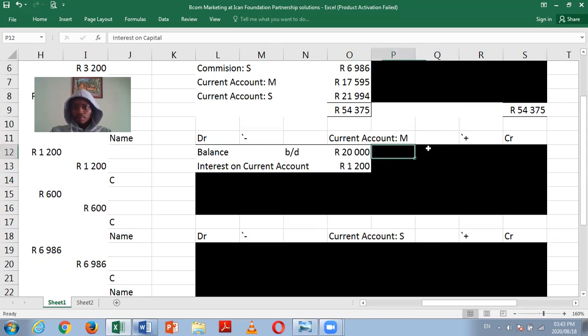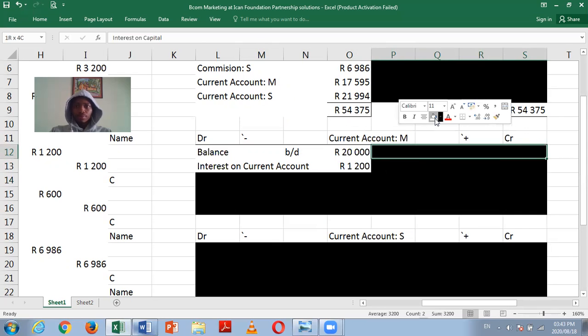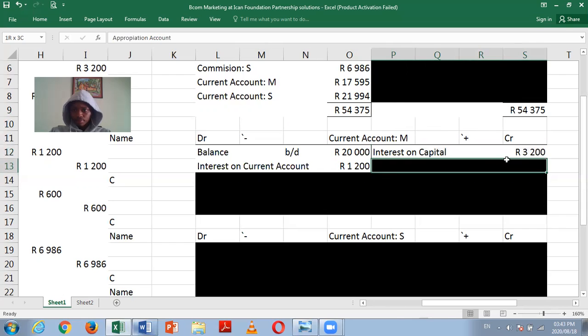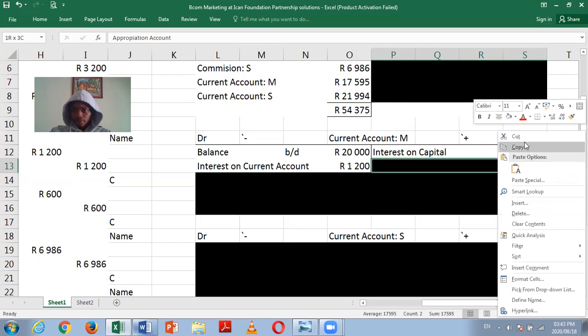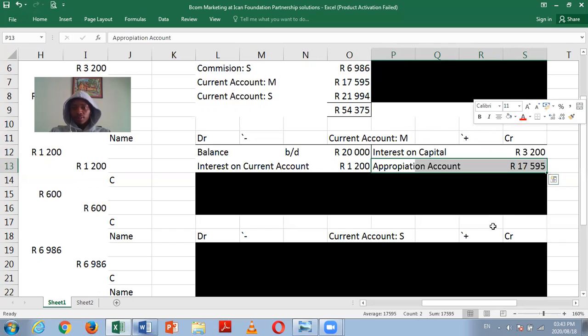Okay, and then M and what? Interest on capital. So remember the general journal that we did on the first transactions, right? And then is there another thing that affects partner M? The fact that we shared the profit, so now partner M gets that profit, which was 17,595.